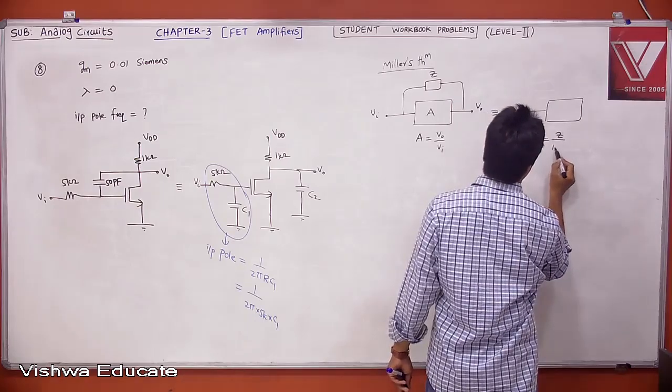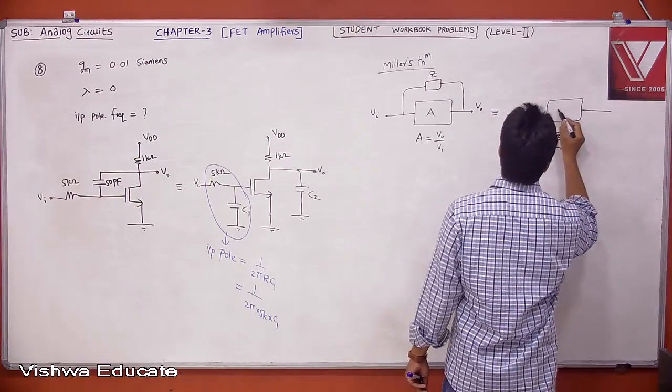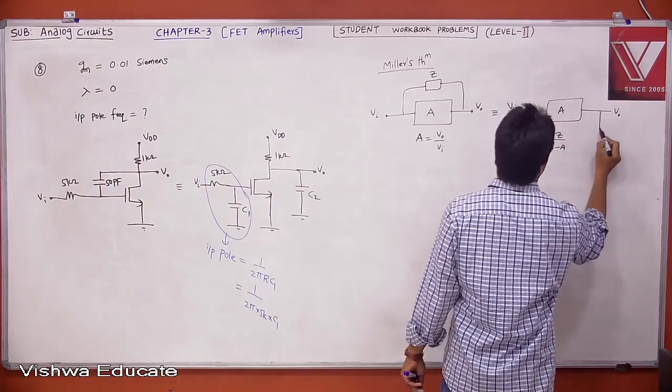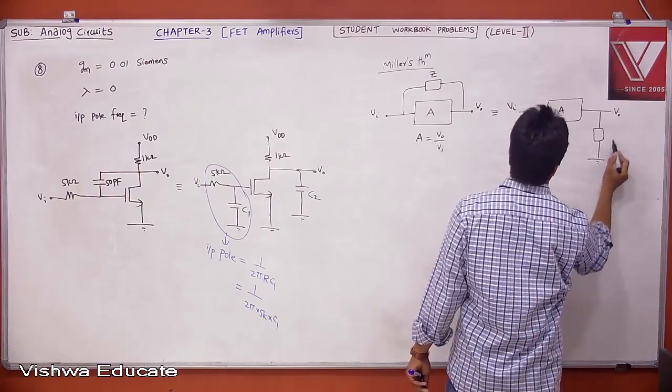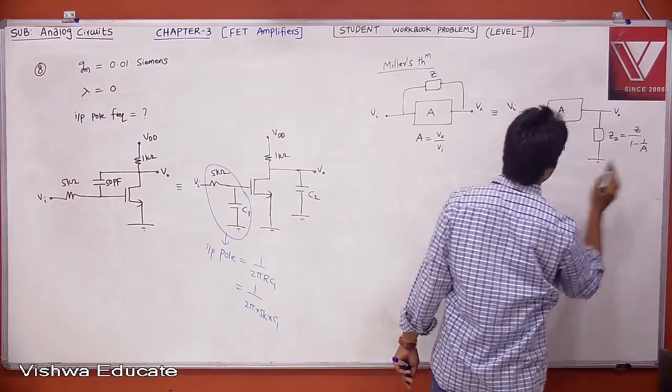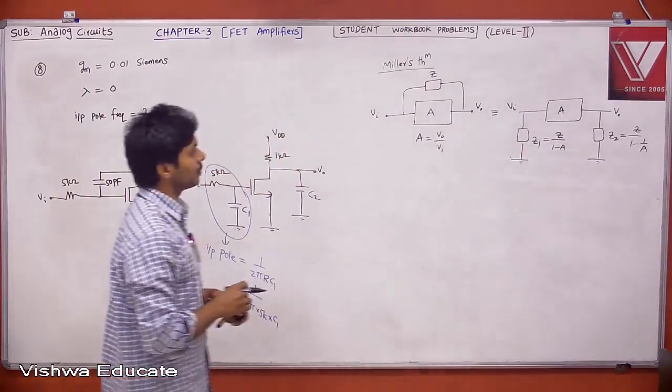Z1 is equal to Z divided by 1 minus A, and Z2 is equal to Z divided by 1 minus 1 by A. This is Miller's theorem.